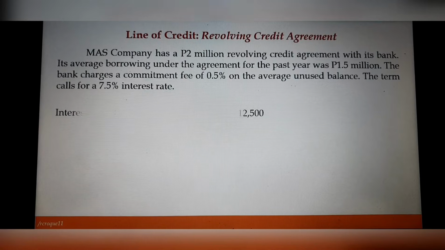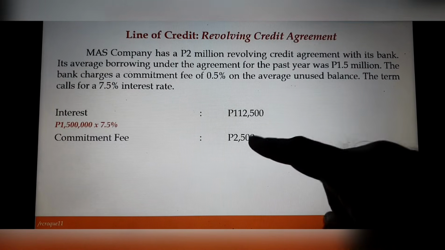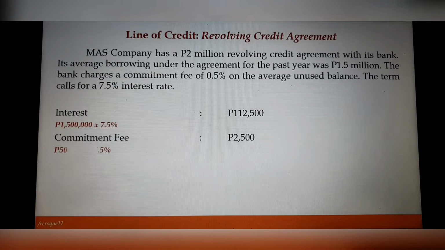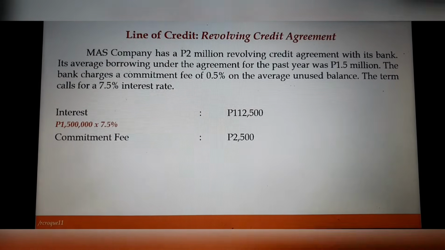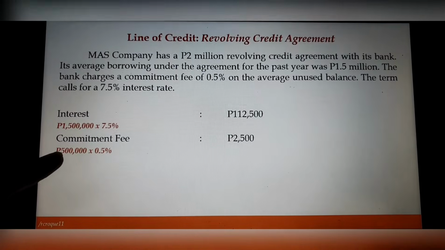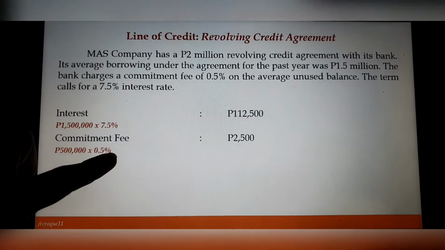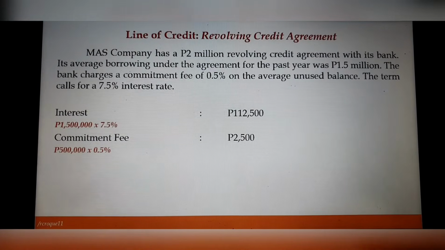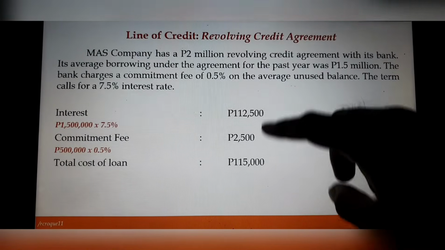So let's check. For your interest, it's 112,500. Saan galing yun? Yung 1.5 million times 7.5%. And then, the commitment fee of 2.5. Saan galing? Yung 500,000 na unused times the 0.5% na commitment fee. Okay? So, ang total cost ng loan natin is the sum of the two.